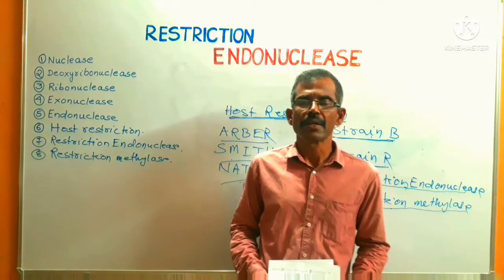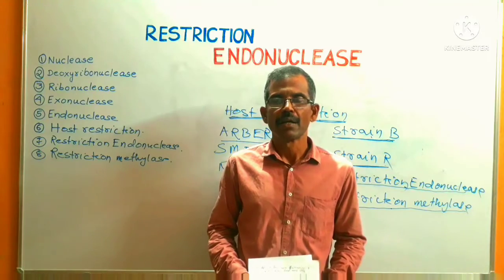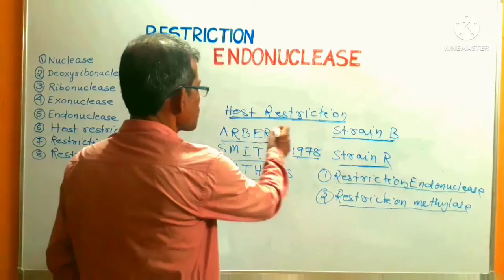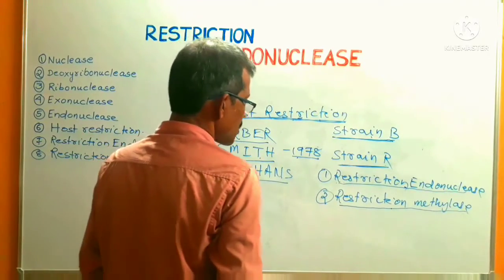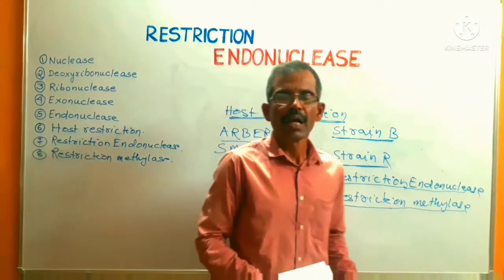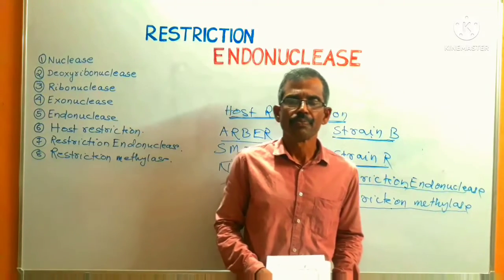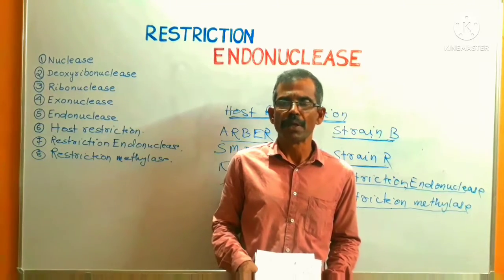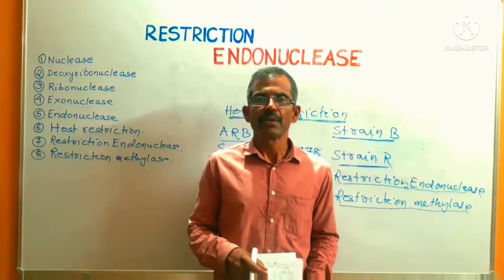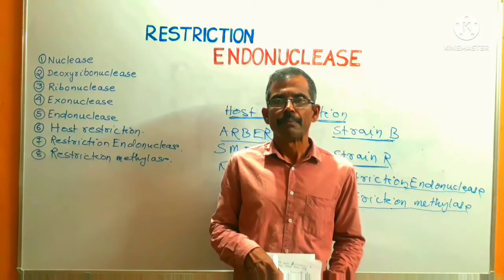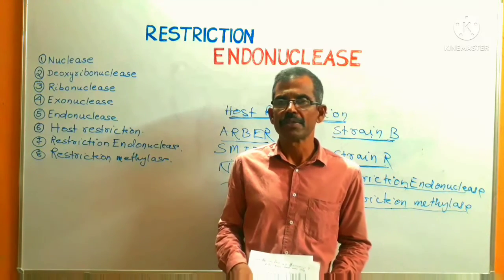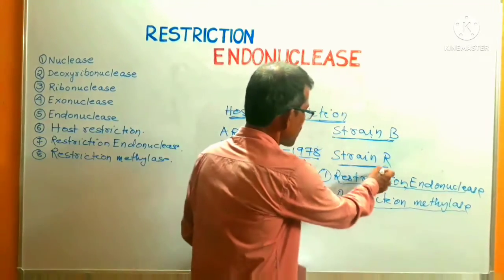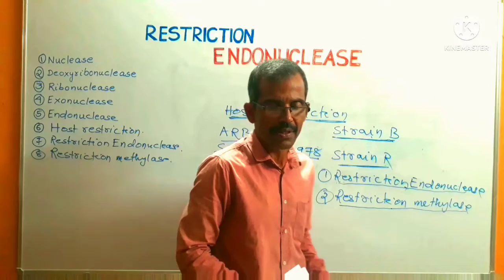The name restriction endonuclease has been given on the basis of a phenomenon known as host restriction. What is host restriction? A stock of lambda phage grown in one strain of E. coli, for example strain B, infects that strain with high efficiency, but the same stock of lambda phage infects another strain of E. coli, for example strain R, with low efficiency.